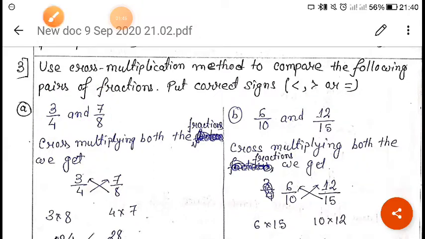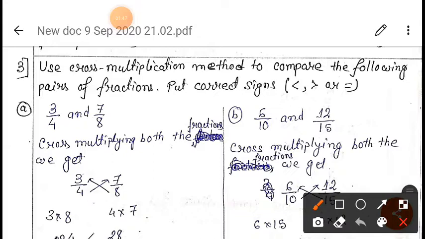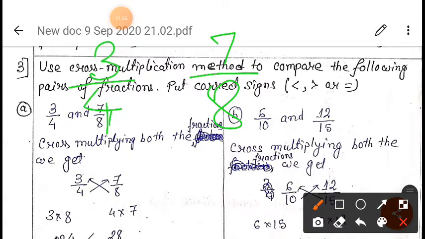We have 3 by 4 and 7 by 8. Cross multiplication means this one will be multiplied with this, and this one will be multiplied with this.